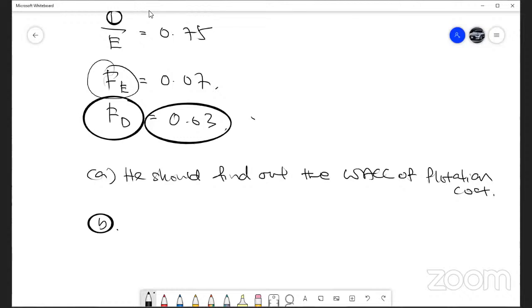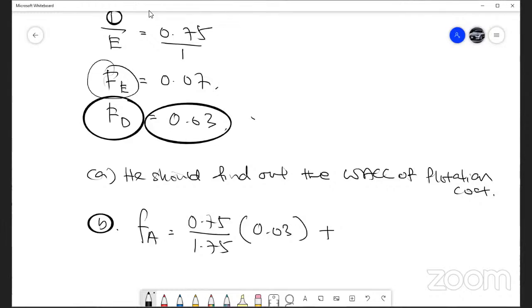And then you remember your debt to equity is 0.75 to 1. So debt is 0.75, equity is equal to 1. To count your flotation cost, for your debt it is 0.75 divided by the total of 1.75, multiplied by the debt flotation cost 0.03, plus equity, 1 out of 1.75 times 0.07.